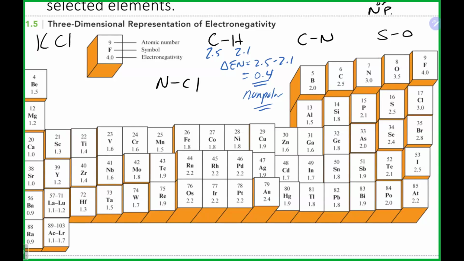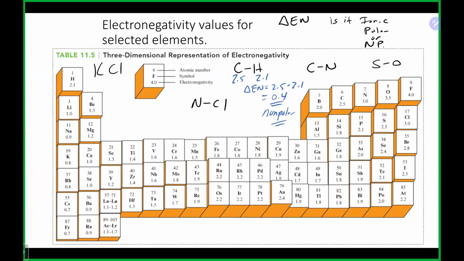If we take a look here at carbon, which is 2.5, and our nitrogen there, which is 3, we take a difference in electronegativity. That's going to be 3 minus 2.5, which gives us 0.5.